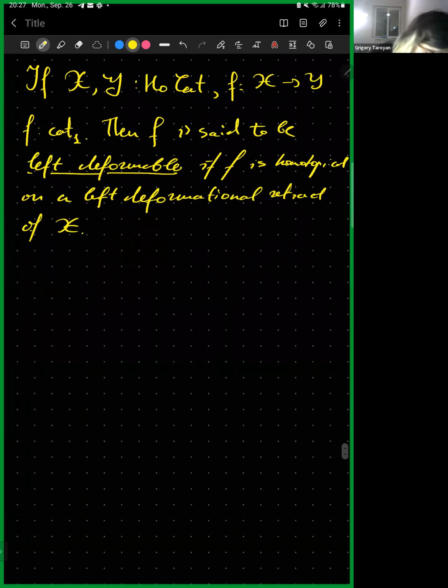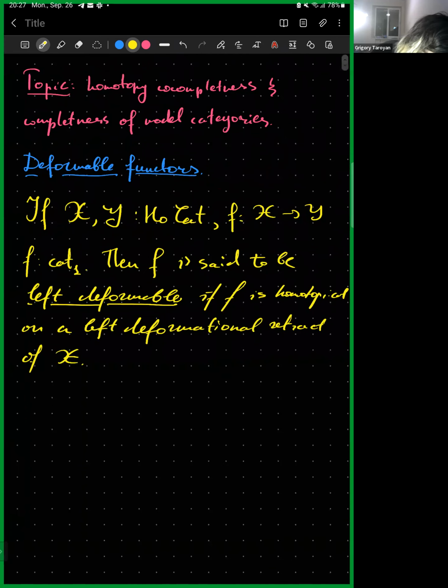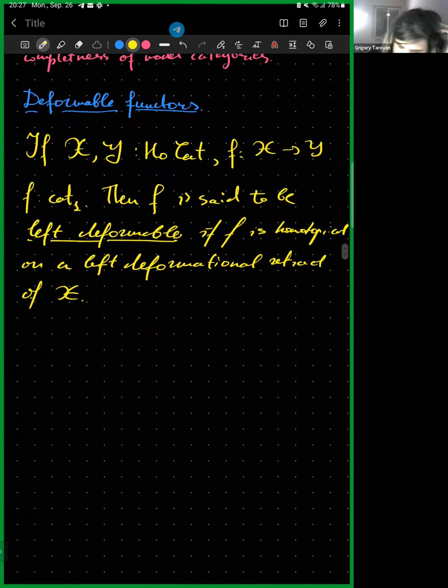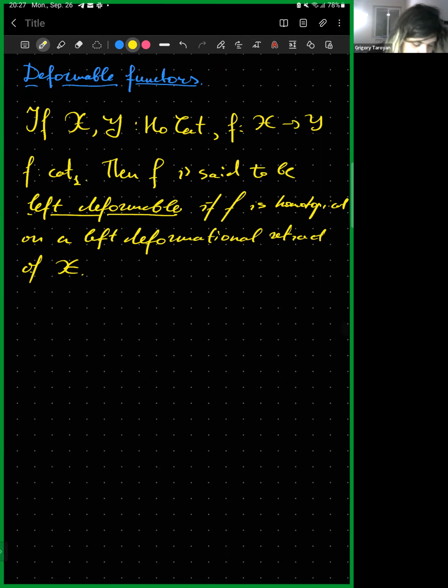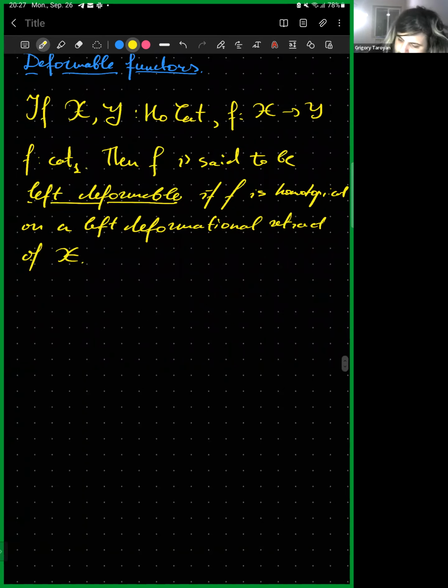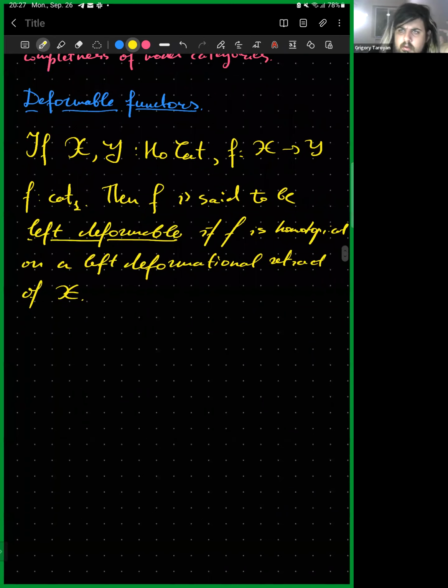Okay, so that's the basic idea, and one can clearly see that Quillen functors are an instance of left deformable functors, because they're homotopical on a subcategory of cofibrant objects, which is, as we know, a left deformational retract of a model category. So that's the basic idea.